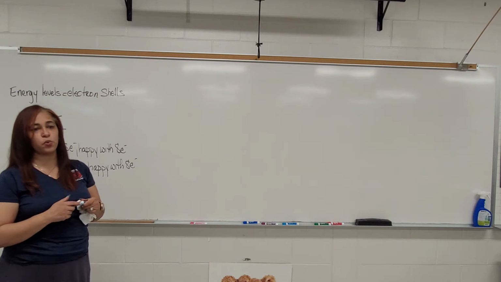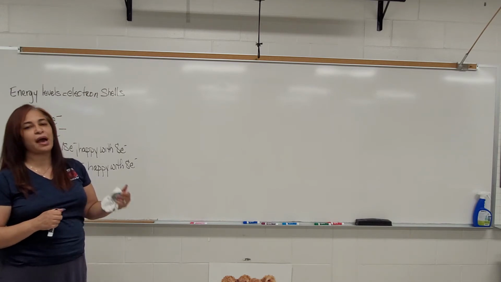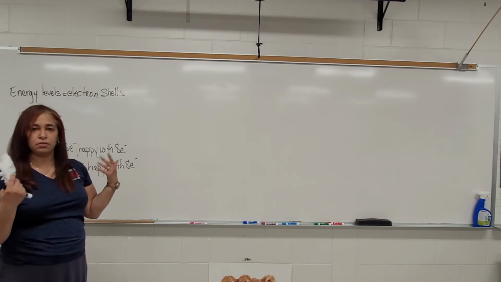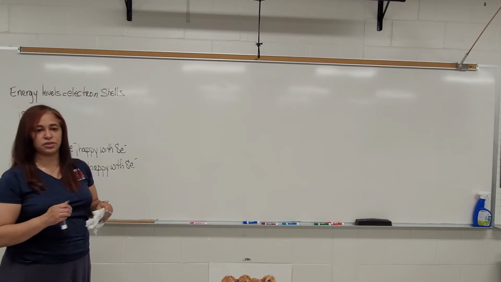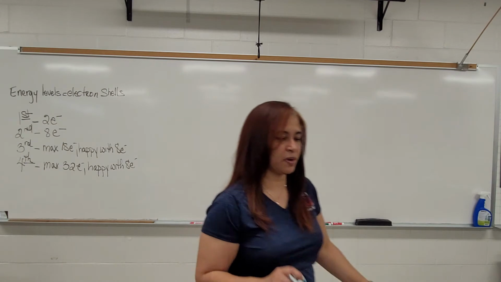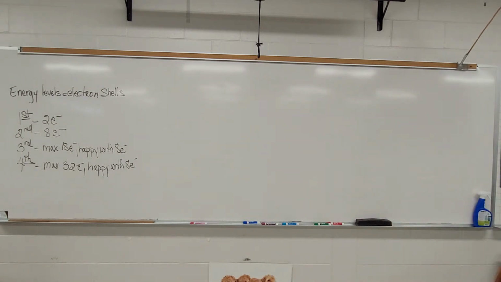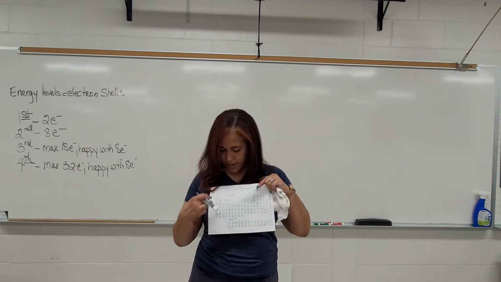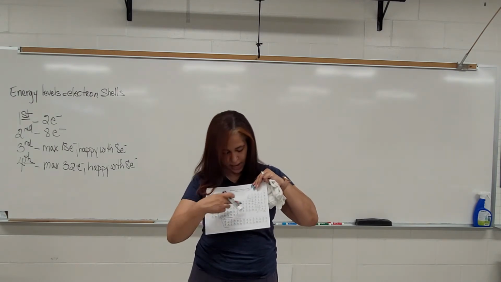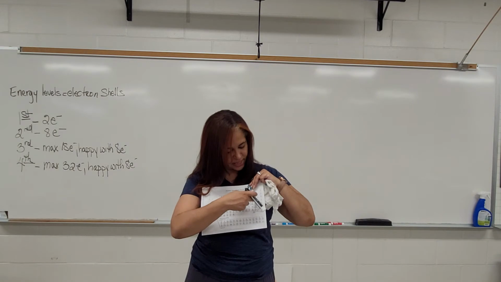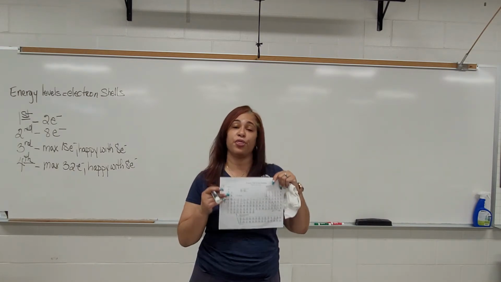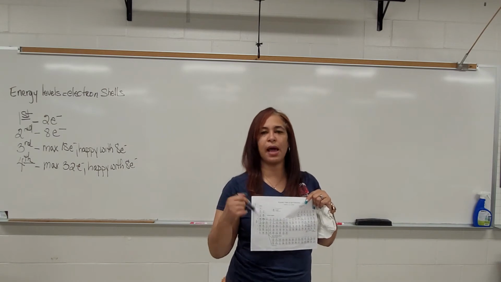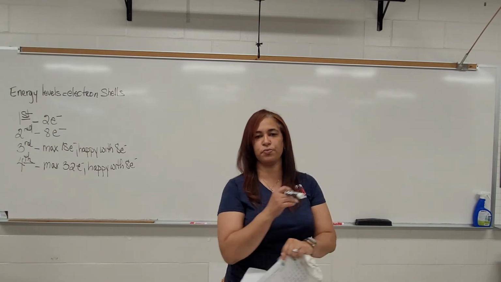So if you're in groups 1A through 8A, the outer shell is not going to have more than 8 electrons. Looking at your periodic table, and I have a periodic table sitting here, for groups 1A through 8A, the number of electrons in their outer shell is equal to the group number.